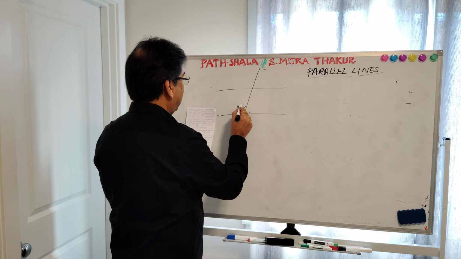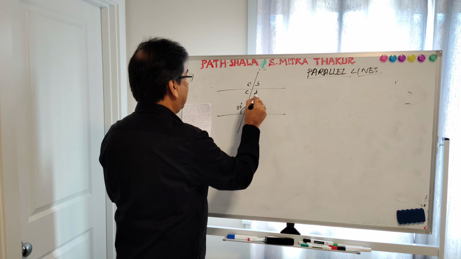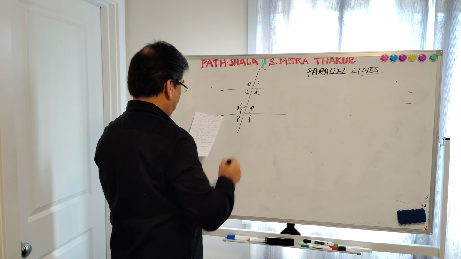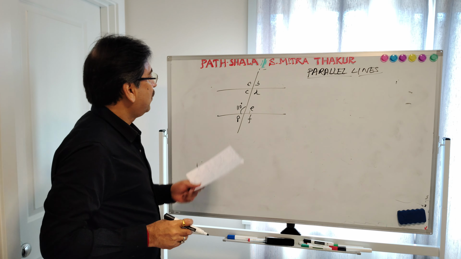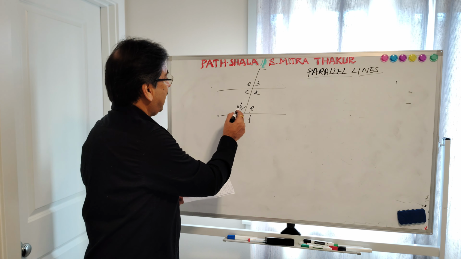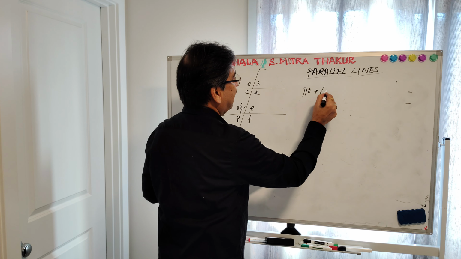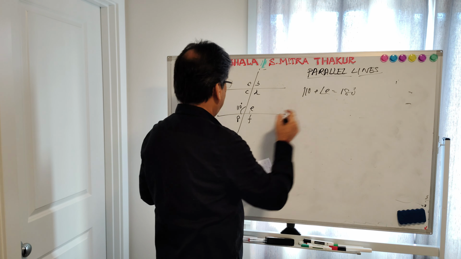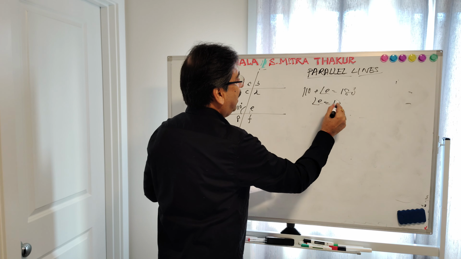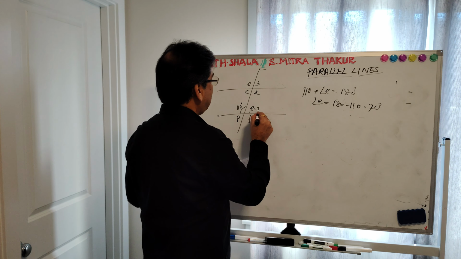It has been given as 110 degrees. So the angles are A, B, C, D, E, F, G. You just say what the values of angles A, B, C and all the others are. So angle 110 degrees, 110 plus angle E is equal to 180, because it is a straight line. So angle E is equal to 180 minus 110, that is 70 degrees.